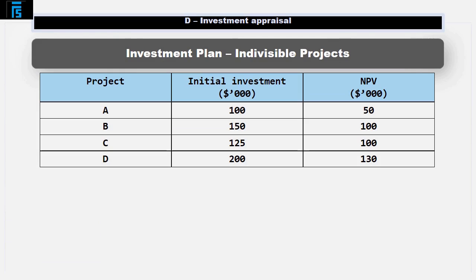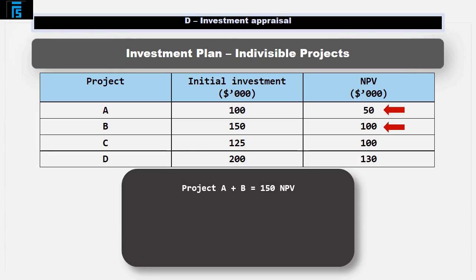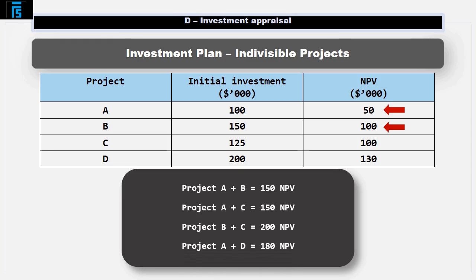For example, here we could do A plus B, which will give you 150 NPV, or A plus C, which would also give you 150 NPV, B plus C, which gives you 200 NPV, or A plus D, which will give you 180 NPV. So the combination of projects B and C give the highest NPV when the projects are indivisible, and this NPV equals $200,000.